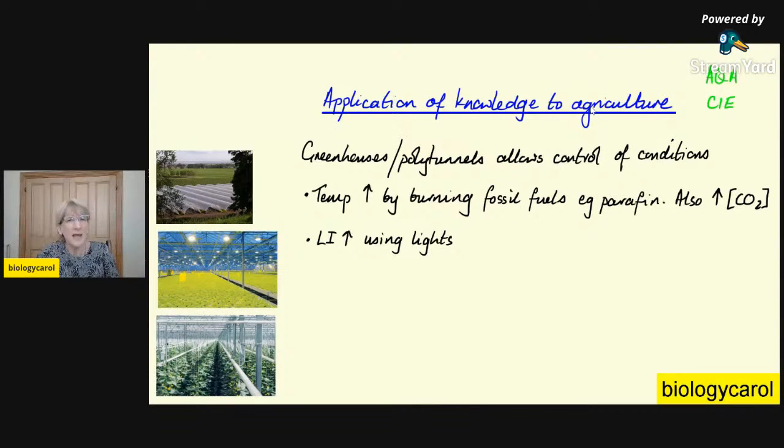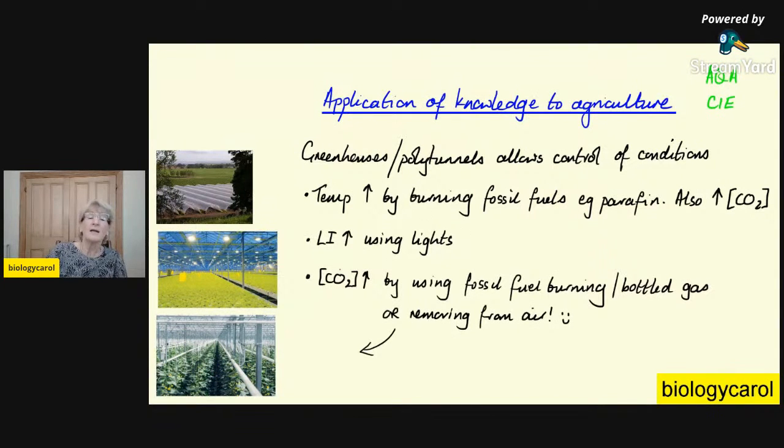Because if you increase it anything above that, it's going to make no difference to the rate of photosynthesis. So there is a point above which it makes no economic sense to pay for more lighting, because you're getting the maximum rate of photosynthesis for the least amount of energy that you have to pay for.